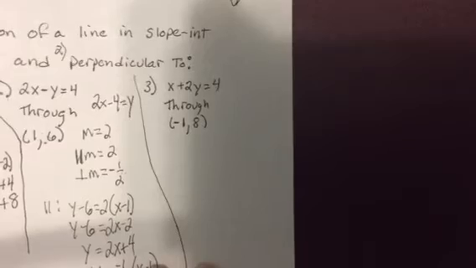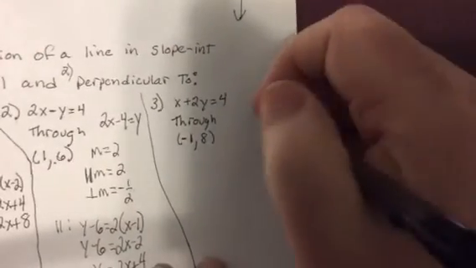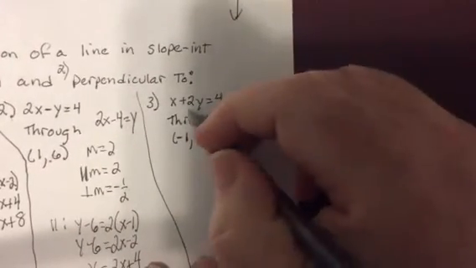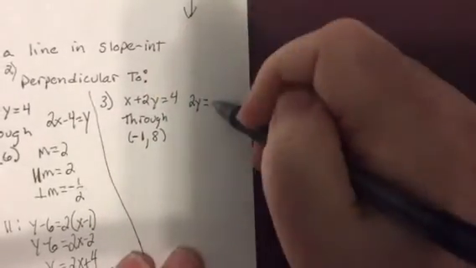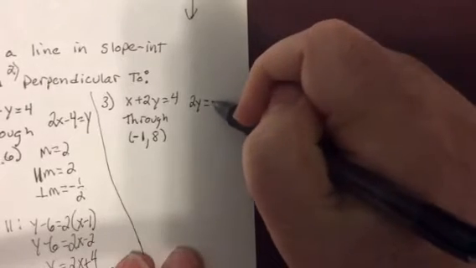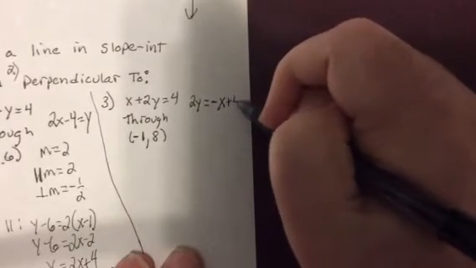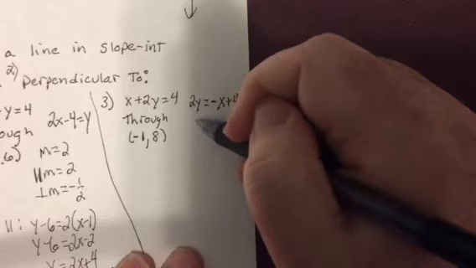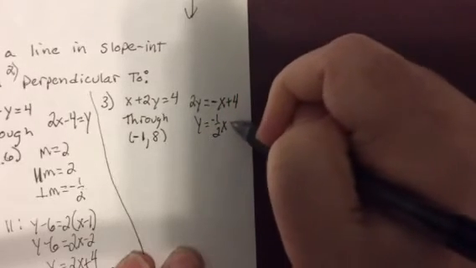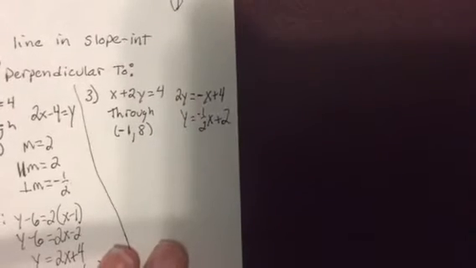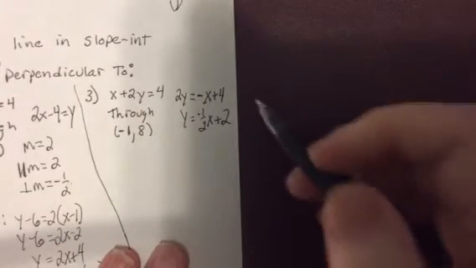Well, hello. I hope everything's going great. So here we solve for y to find the slope. I'll bring it over here, easier to see. So 2y equals negative x plus 4. Divide by 2. So the equation is y equals negative 1/2 x plus 2. Sorry, not the slope, the equation, I mean.